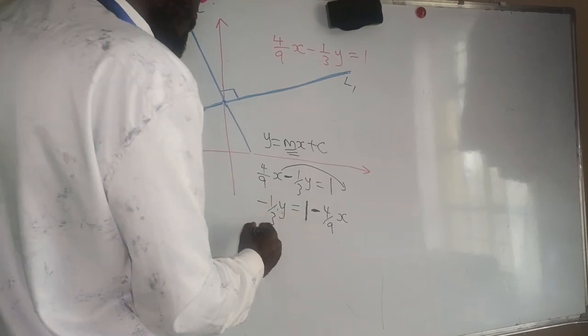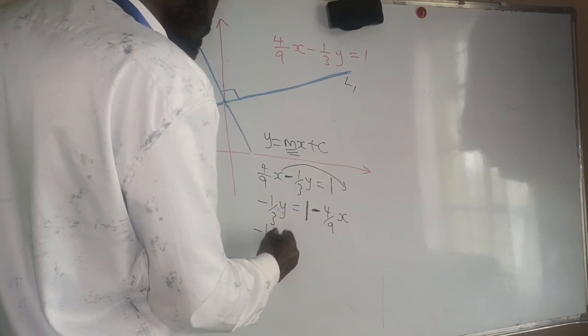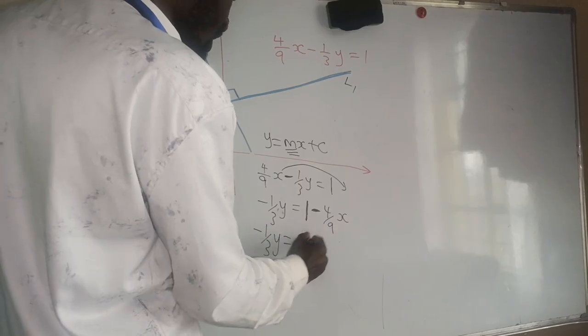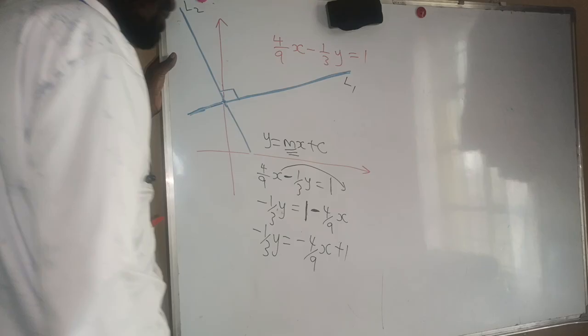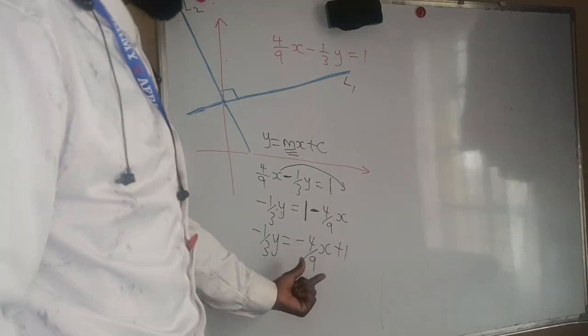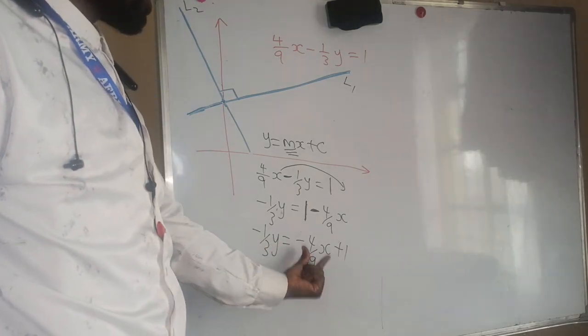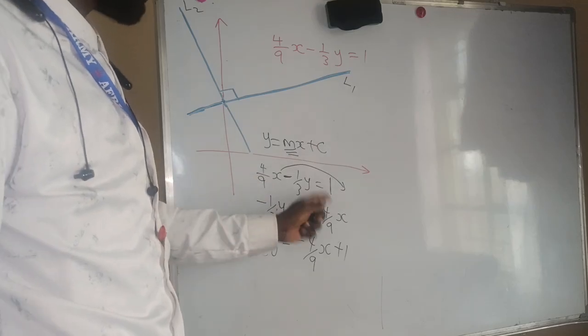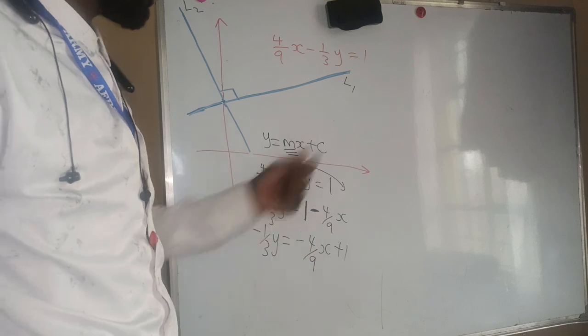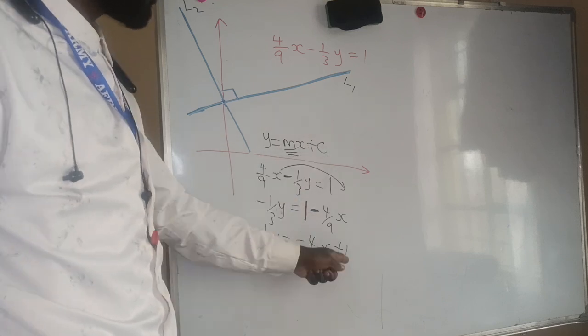So I'll write minus 1 over 3y equals minus 4 over 9x plus 1. Why do I say minus 4 over 9x? Because I have to begin with the mx and then go to c, the constant. So I'll rearrange this so that it starts with the 4 over 9x and then 1 is our constant, c.